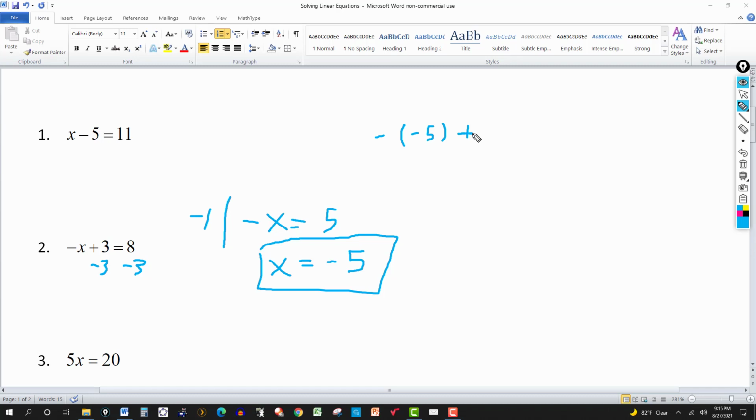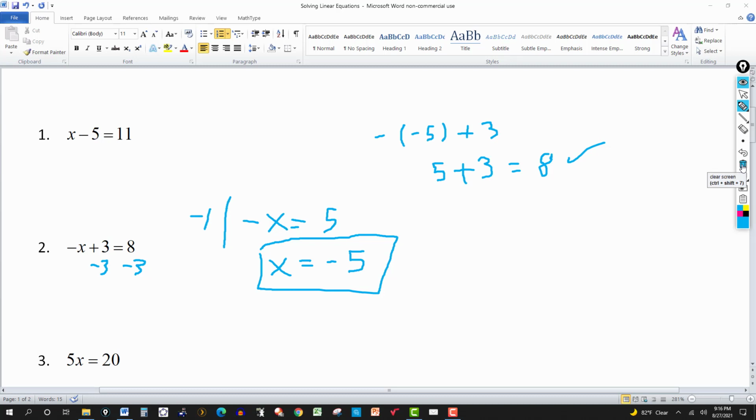That has to give me 8 in order for this to be a solution. Well, do the calculations. Negative times a negative is a positive, so this gives me a positive 5 plus 3. And of course 5 plus 3, they're both positive, is a positive 8. That checks. That's what I had on the right side, positive 8. That's your solution for that one.